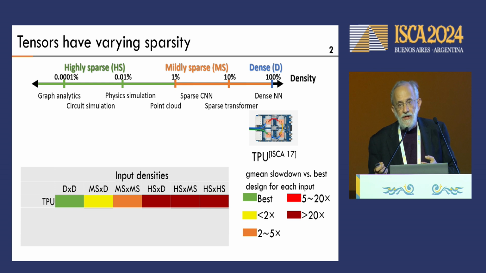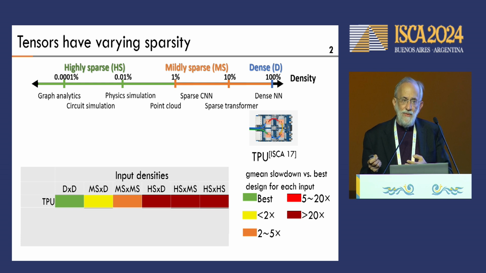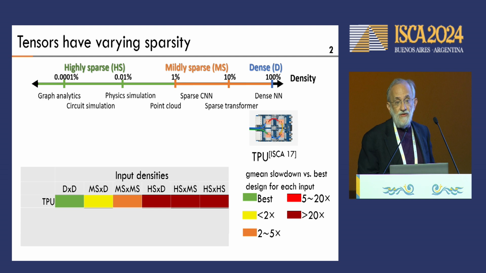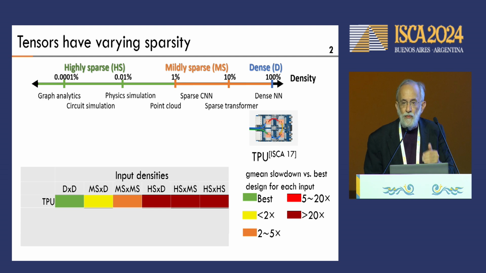As the accelerator tries different combinations of sparsity, if it's within 2x of the best performance, we mark it yellow, and as it gets worse and worse, we mark it through orange and red. As might be expected, the TPU starts at green, and as the data gets sparser and sparser, its performance compared to other accelerators is relatively worse and worse.